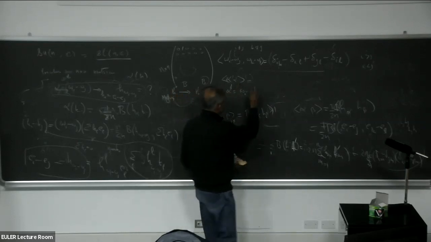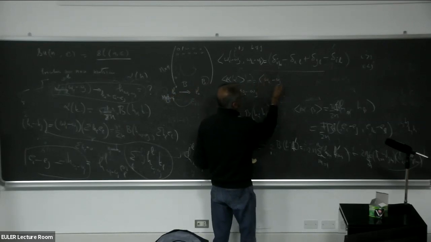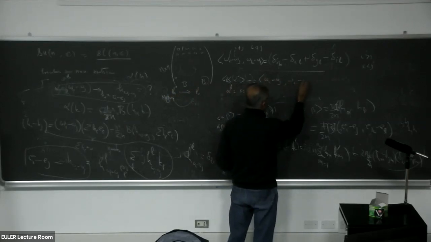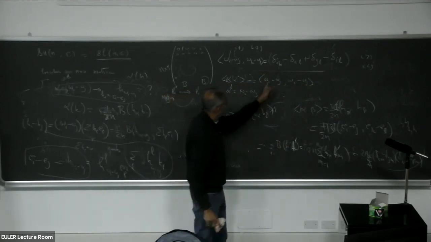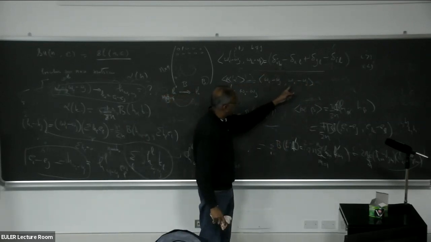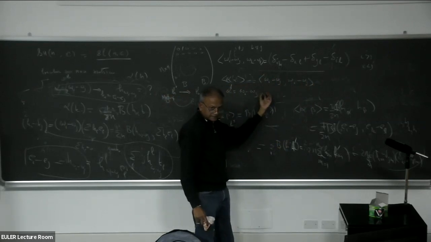So that is the same as (omega_i minus omega_j) with (omega_i minus omega_j). Now if you substitute that here, you'll get a delta_ii, no sum here. This is a particular i.